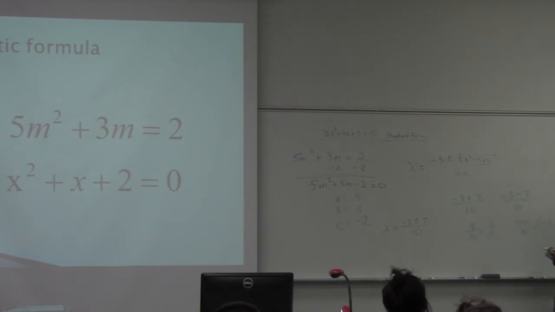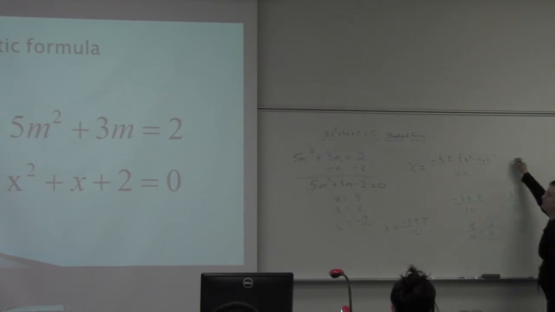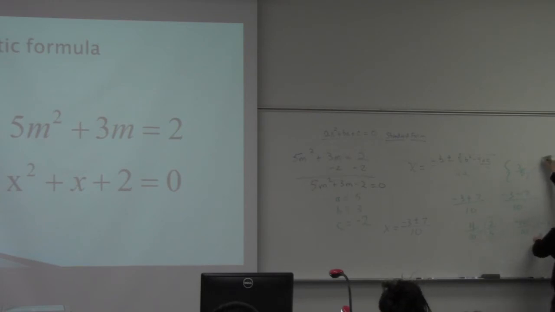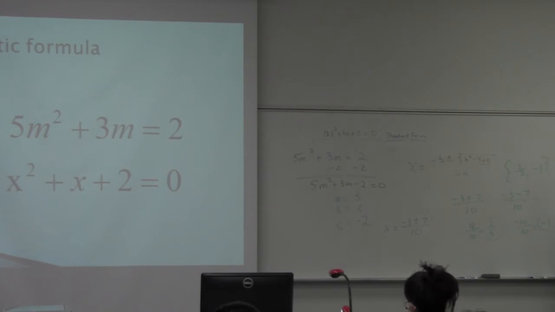So this time we have 2 normal answers. This doesn't happen very often. If you get normal answers, you write it as a set. 2/5 and -1.